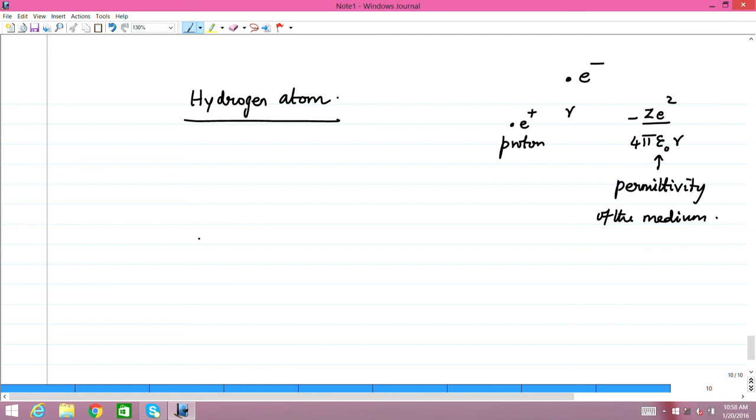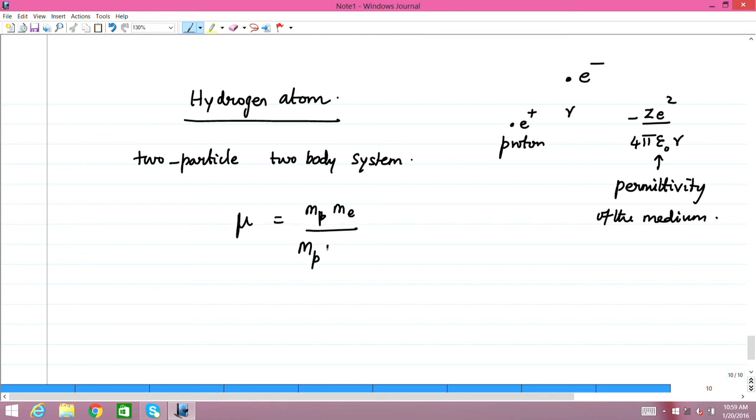The hydrogen atom is a two particle or a two body system, and it can be separated into a center of mass coordinate, that is a system in which all the mass is concentrated on the center of mass, and also a relative particle system in which the relative particle has the mass mu, and that is given by the proton mass m p times the electron mass m e by m p plus m e, and you know that m p is much greater than m e.